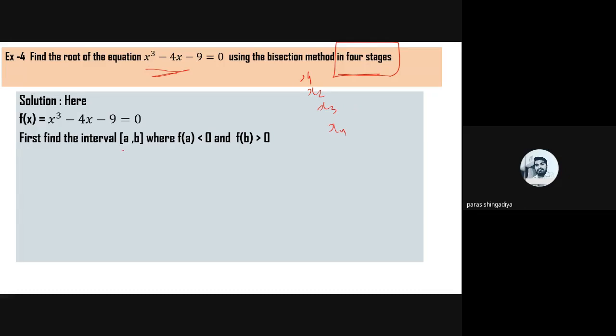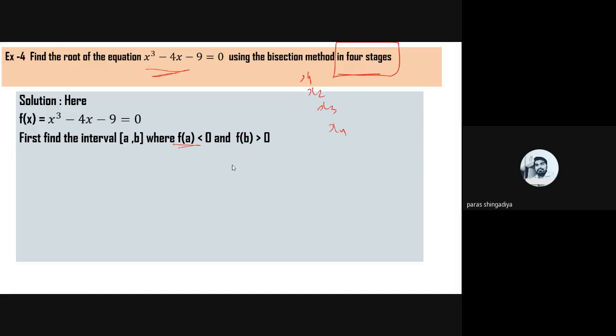So here it is x cube minus 4x minus 9 equal to 0. The first step, check the interval a and b, where f of a is negative and f of b is positive.